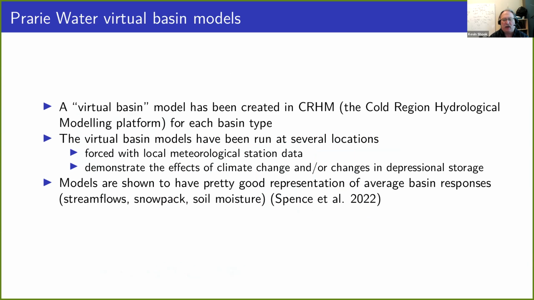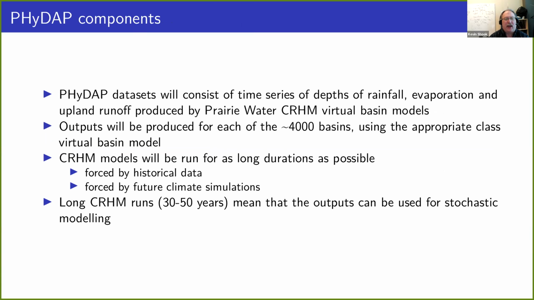And these models are able to demonstrate the effects of climate change and/or changes in depressional storage. And it's been shown that these models have a pretty good representation of the average basin responses for their type, whether that's streamflows or the snowpack or the soil moisture. So the idea is to take these models and use them.